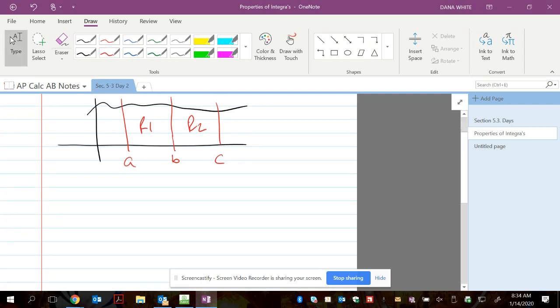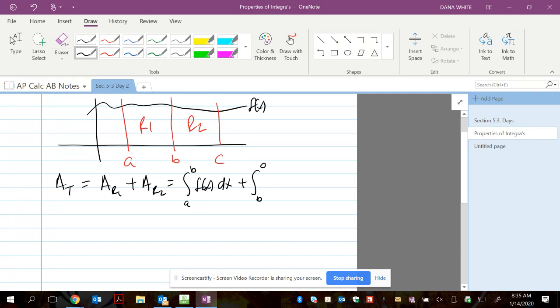So basically it's just saying that if I want the total area, it's going to be the area for region 1 plus the area for region 2, which means it's going to be going from A to B for, let's call this f of x dx, plus the integral from B to C of f of x dx. Is that the same thing as going from A to C f of x dx?